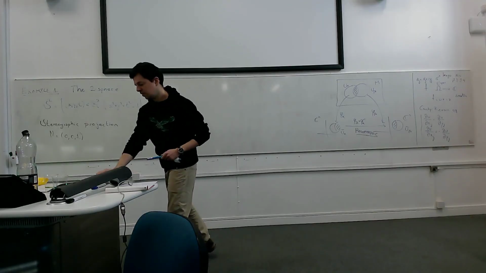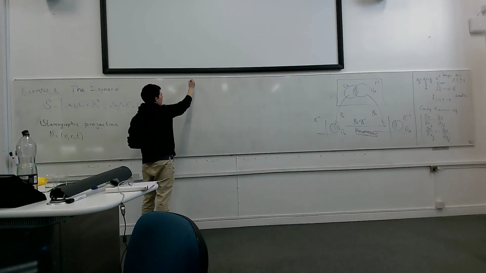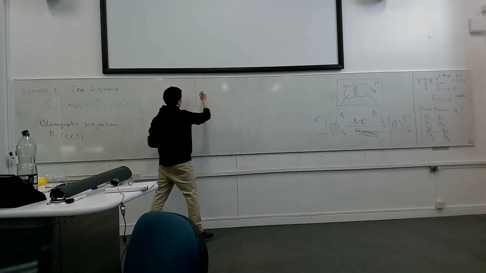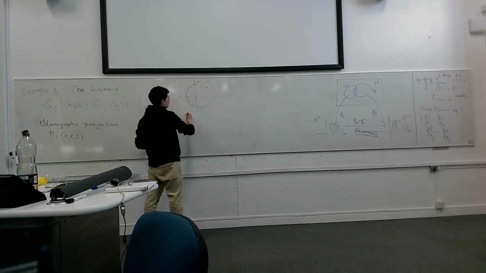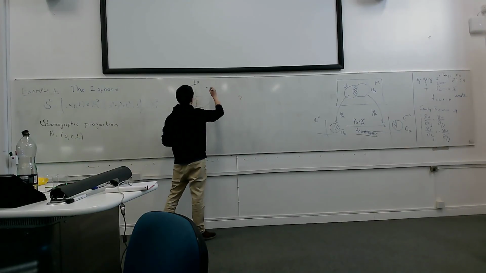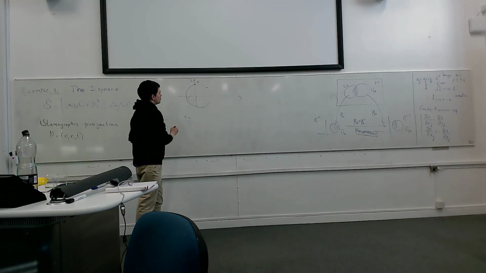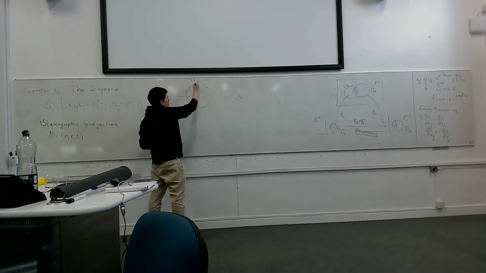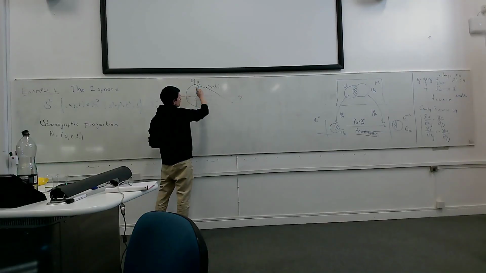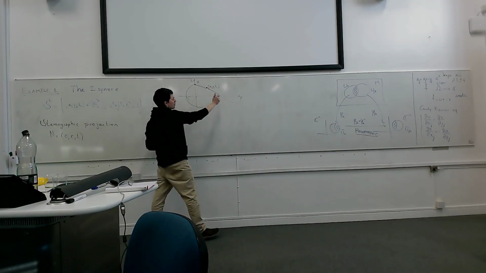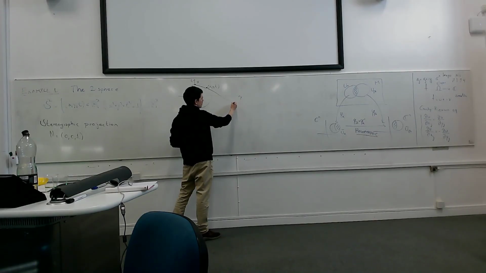So here's the North Pole, and if we have a point in the sphere, in 3D, what the stereographic projection does is consider the line that joins a point P in the sphere, say (x, y, t), and the North Pole, and this line will hit the xy plane at some point.